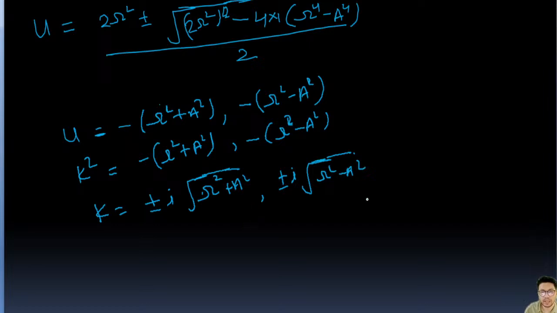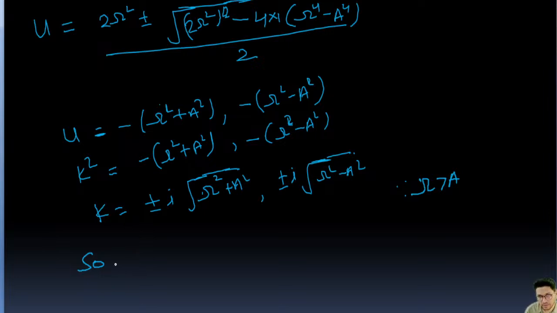From here, we can also say that omega is greater than a, which is given, right? Omega is greater than a. So these are the values. Obviously, from these values we can say the motion of the particle is oscillatory about the orbital.